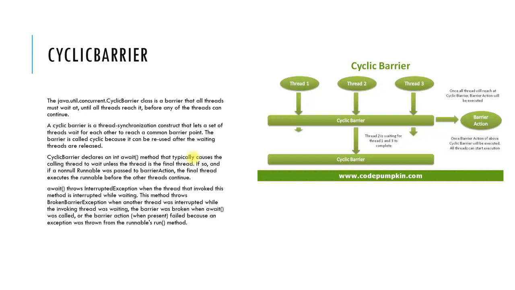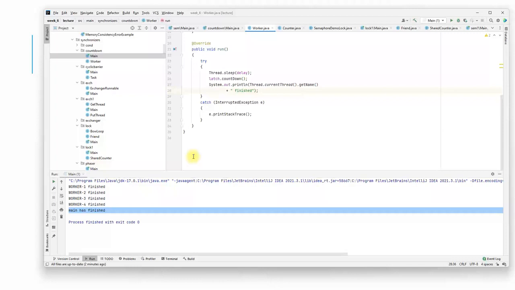Await throws InterruptedException when the thread that invoked this method is interrupted while waiting. It throws BrokenBarrierException when another thread was interrupted while the invoking thread was waiting, the barrier was broken, or the barrier action failed because an exception was thrown from the Runnable's run method. So let's see some examples here.